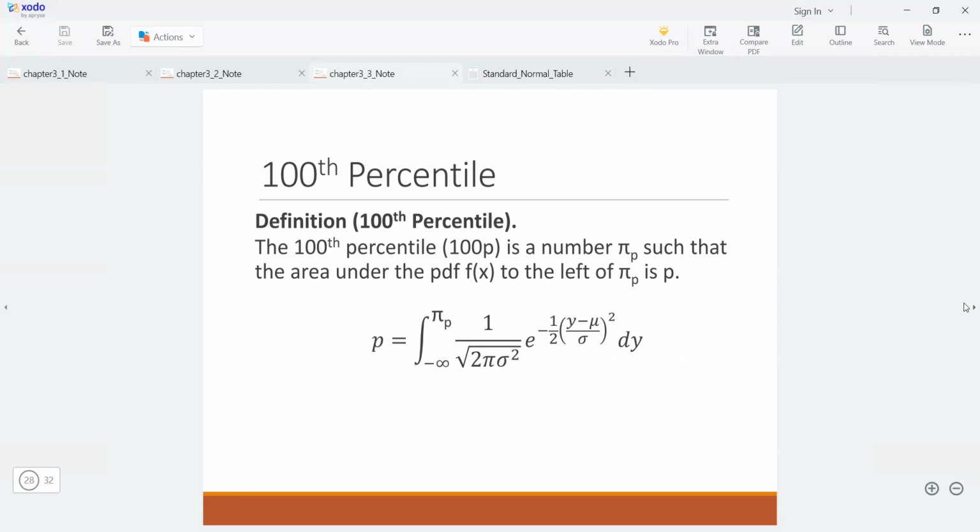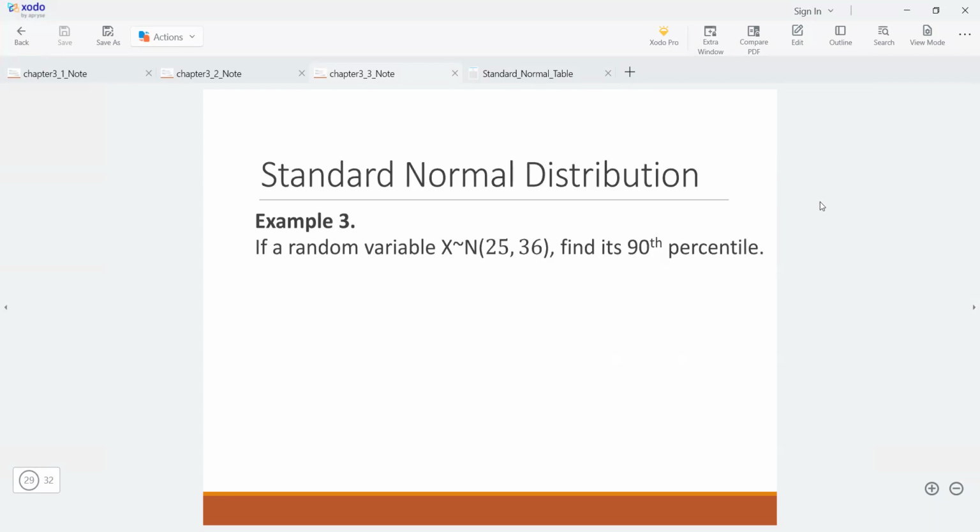For this, I understand it's kind of abstract and hard to understand, so let me use one example. Say we have a course whose score follows a normal distribution with mean equal to 25 and variance equal to 36.